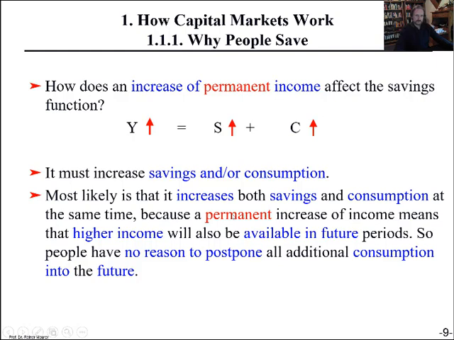Most likely is that it increases both savings and consumption at the same time, because a permanent increase of income means that higher income will also be available in future periods. So people have no reason to postpone all additional consumption into the future.